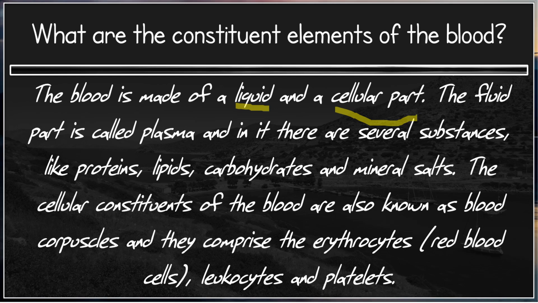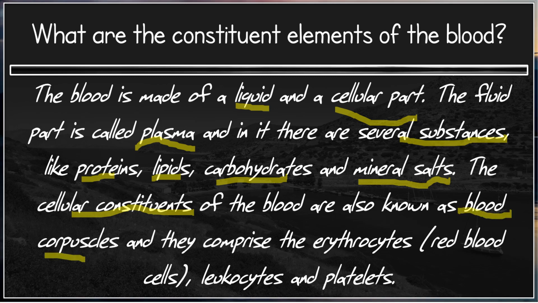The fluid part is called plasma, and in it there are several substances like the proteins, the lipids, carbohydrates, and mineral salts. The cellular constituents of the blood are also known as blood capsules. They comprise the erythrocytes, the red blood cells, leukocytes, and platelets.